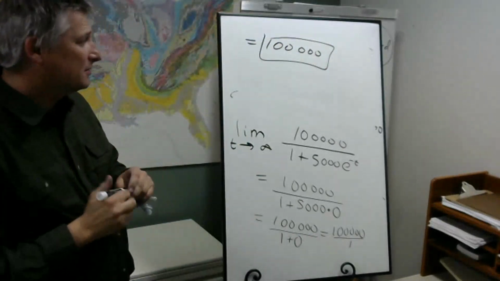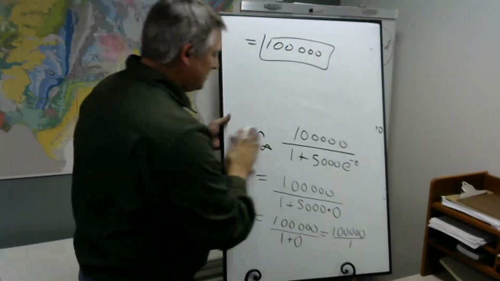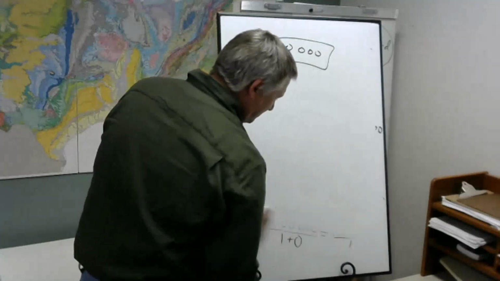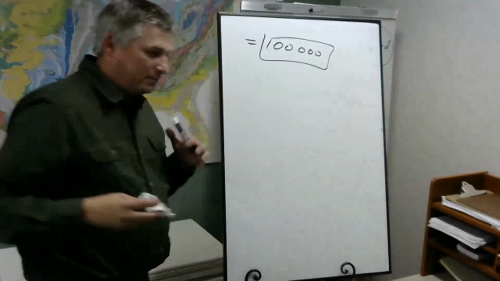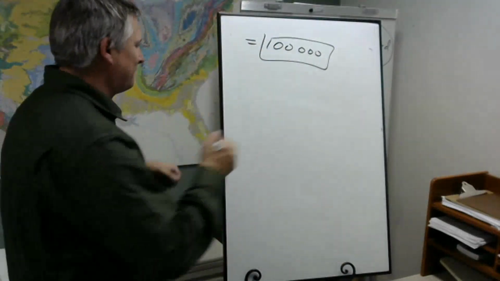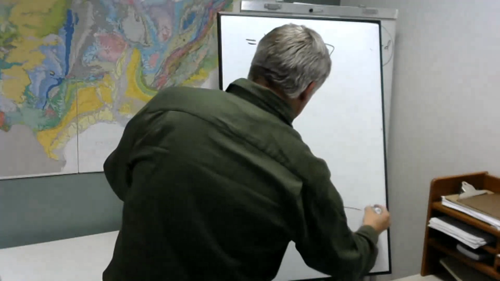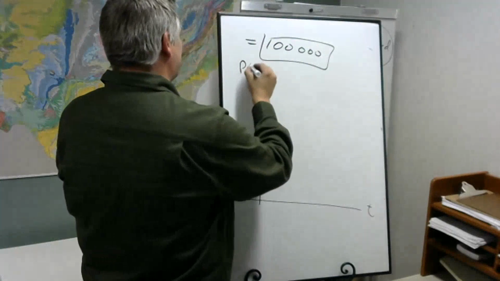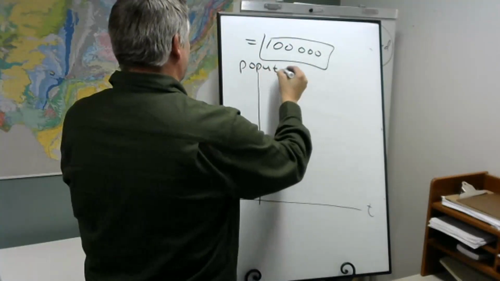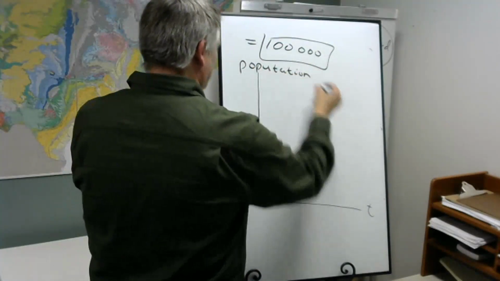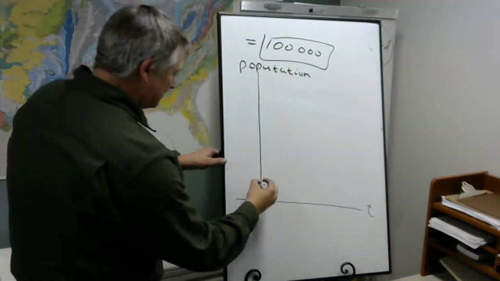So what this means is that we're going to start where 20 people have the flu. There's our population. This is in 2 weeks.